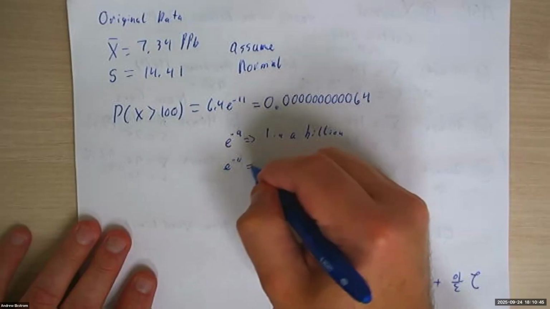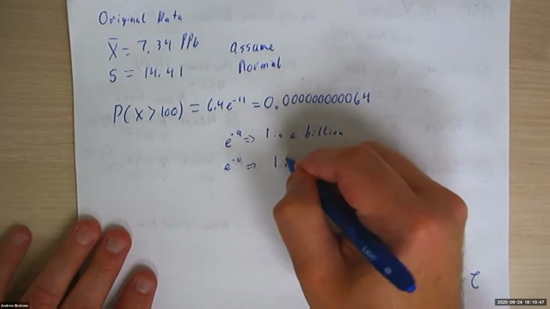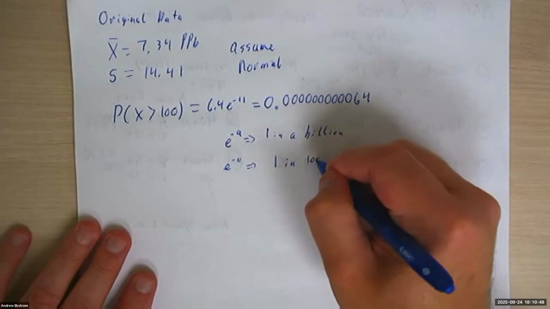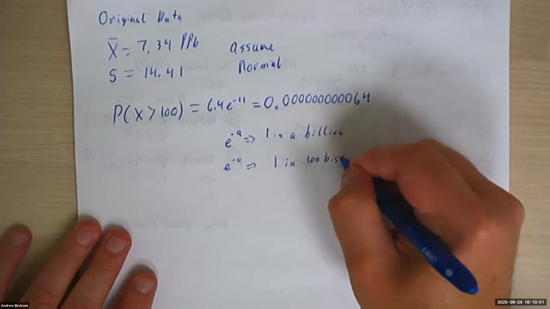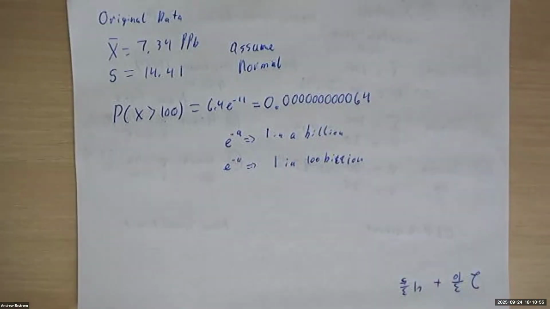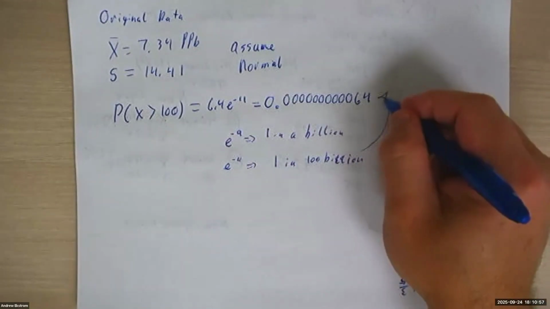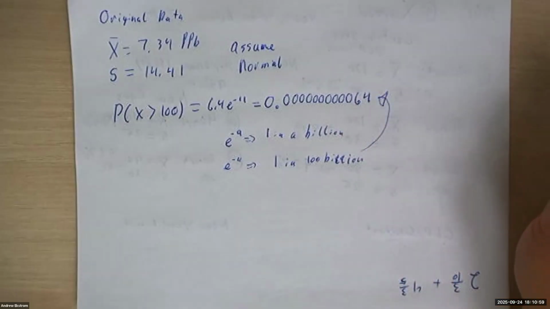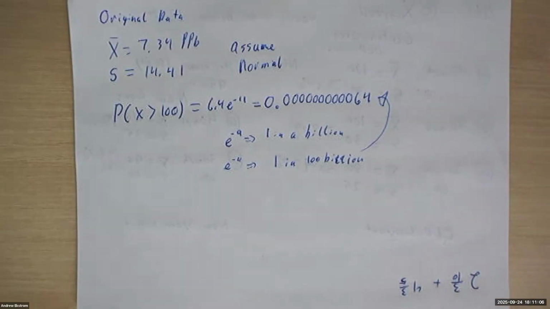So e to the negative 11 is basically 1 in 100 billion. And that's kind of where we're at with this. So between 1 in 10 billion and 1 in 100 billion. So I do expect an answer from all of you on this one.